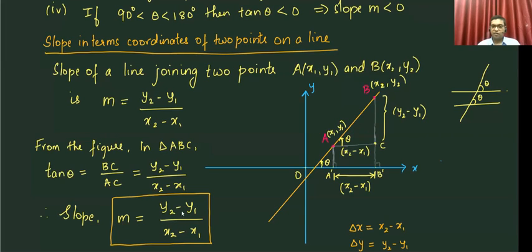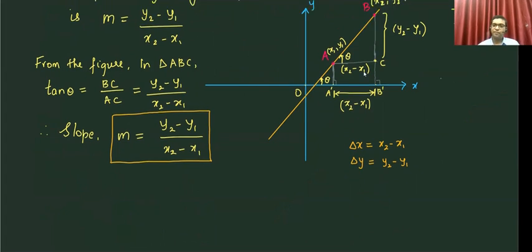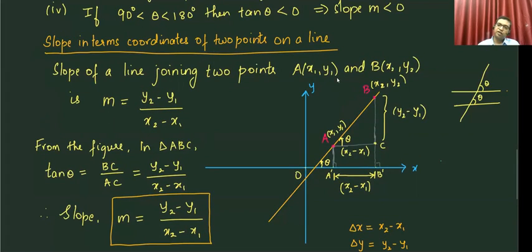If it is changing rapidly, then you will get a very steep line. In a steep line, we say slope is high because y2 minus y1 will be very large compared to x2 minus x1. So the lines which are more inclined towards the x-axis have lesser slope. Lines which are more inclined towards the y-axis have greater slope.